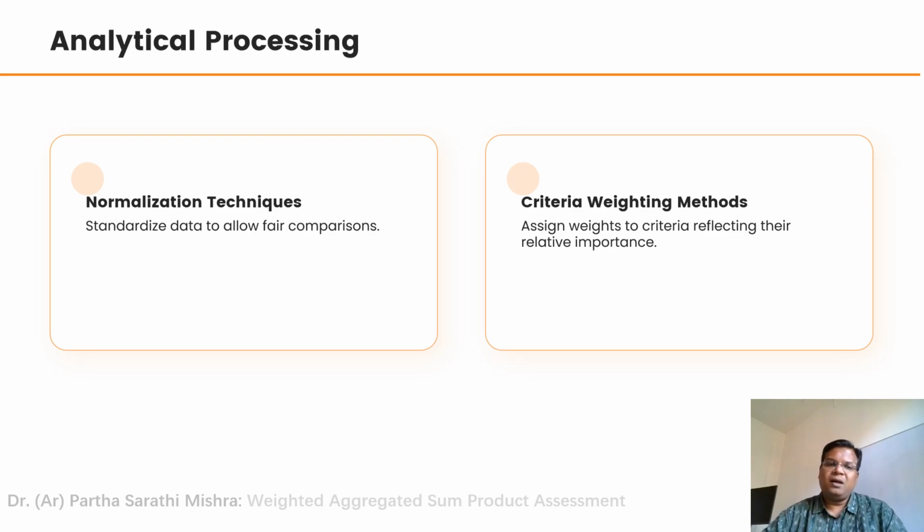So the normalization, standardization process is there. Then criteria weighting methods, again we have discussed, with the help of AHP, fuzzy AHP, GRA method, grey relational analysis method, and some people are using the PSI and CRITIC methods for getting the weights, that is nothing but the level of importance or relative importance of the parameters.